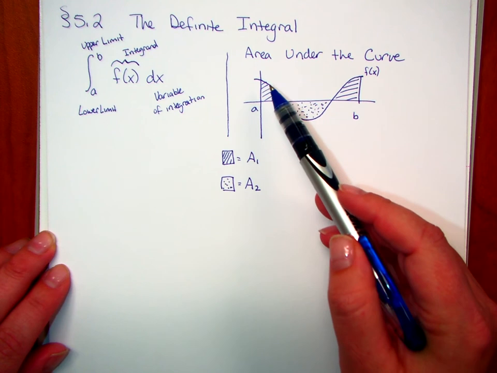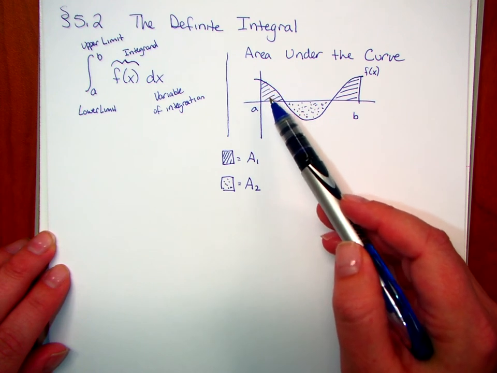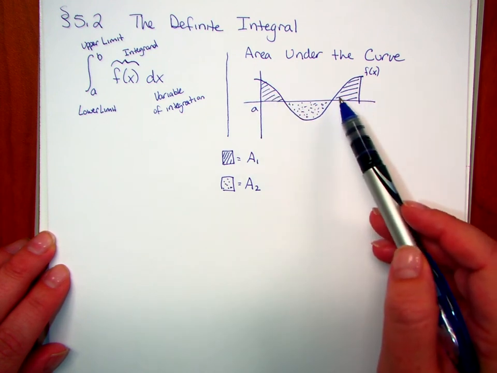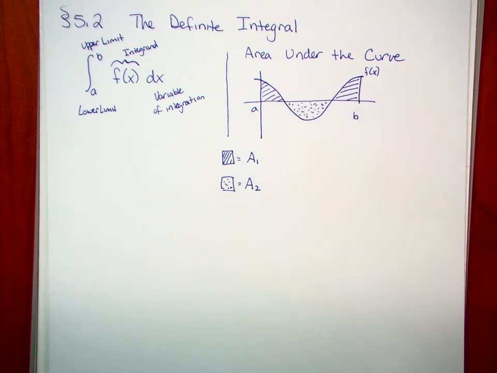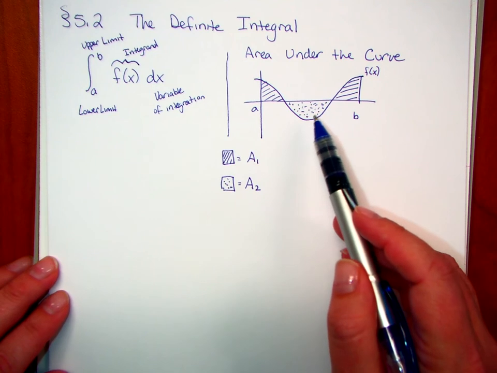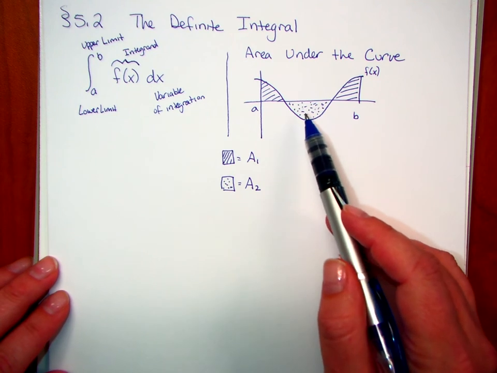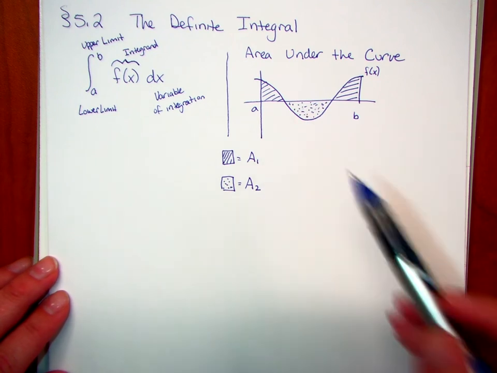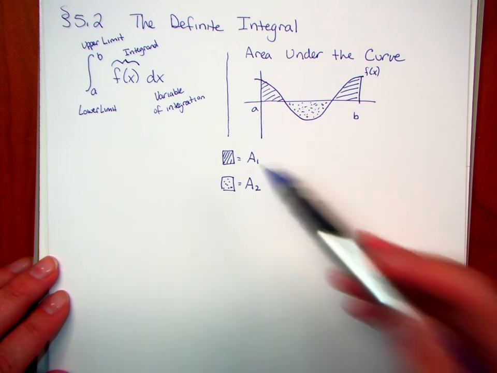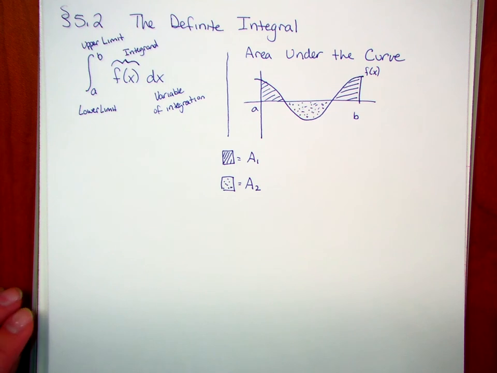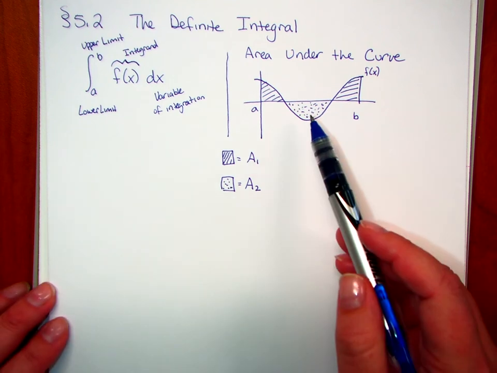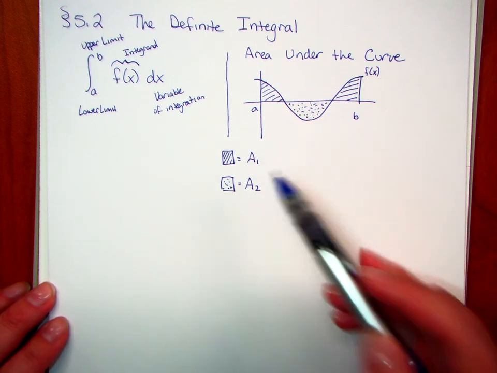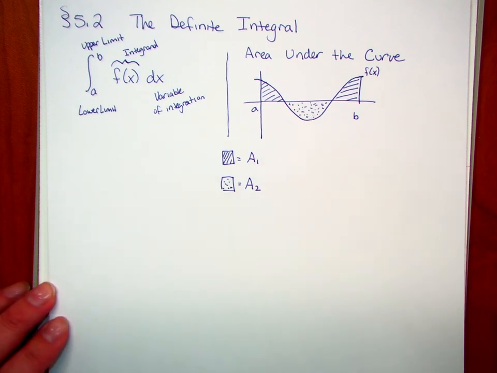I've colored in the area above the x-axis with diagonal lines, and the portion of the area below the x-axis with some dots. The area above the x-axis I'm going to call capital A sub 1, and below the x-axis, capital A sub 2.